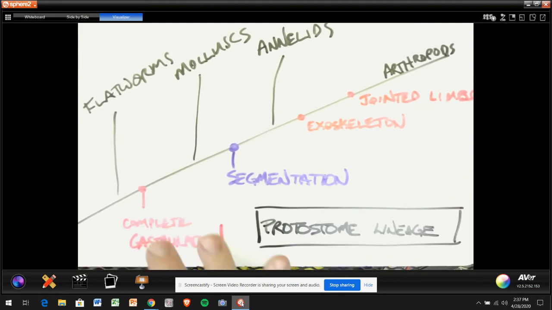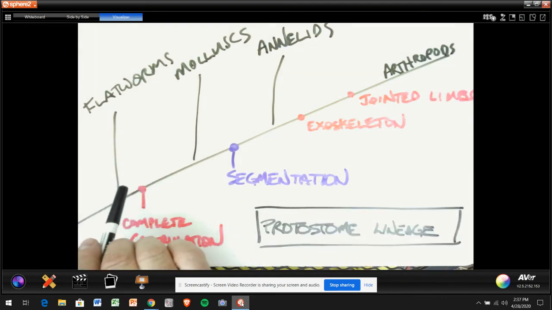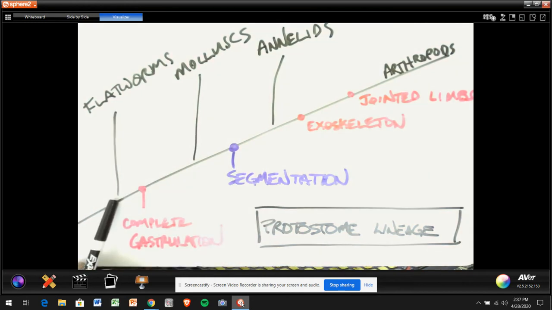I've taken the branch that I had at the top of that other chart, and now I'm just showing you that lineage. So flatworms did not have complete gastrulation, but they did have spiral cleavage, which the rest of the protostomes had, not radial cleavage.